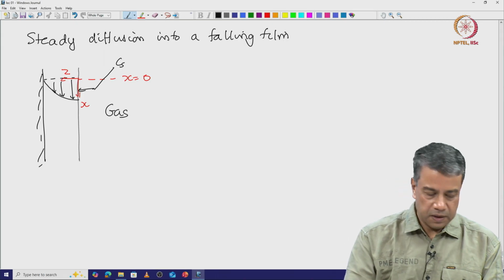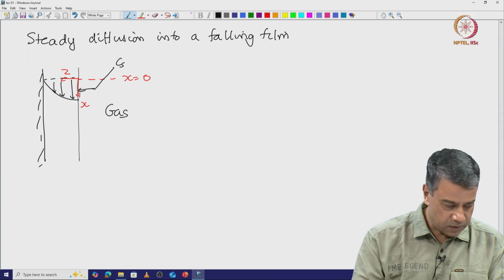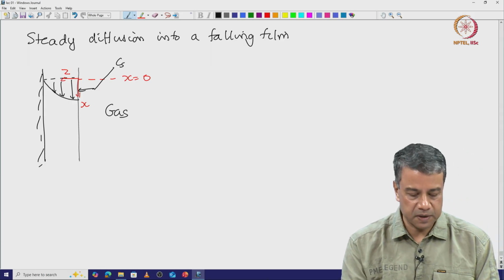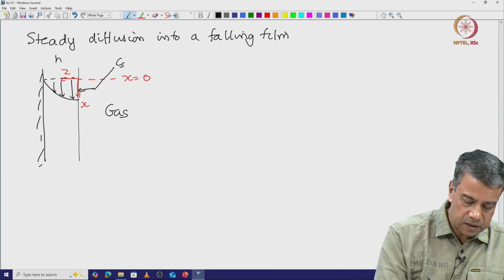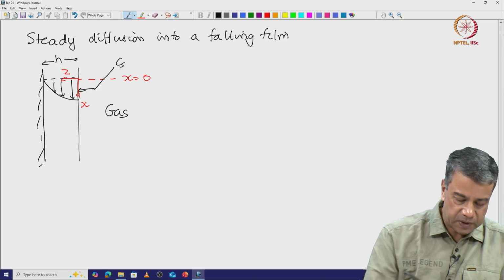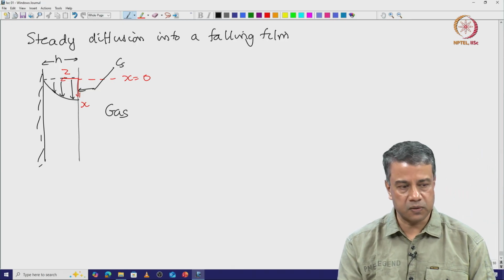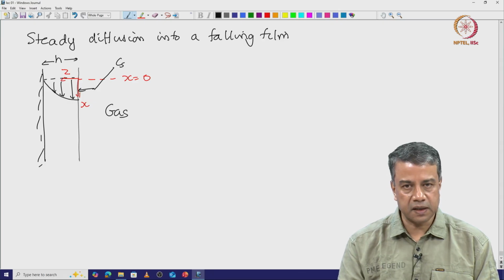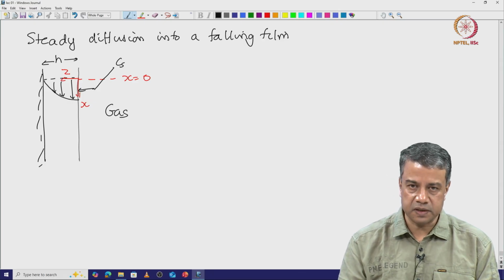Now, if you have a film that is going down, and the penetration depth is small compared to the total height of the film, I will come back and tell you under what conditions that approximation is valid.